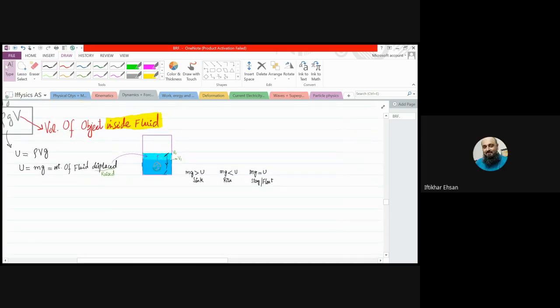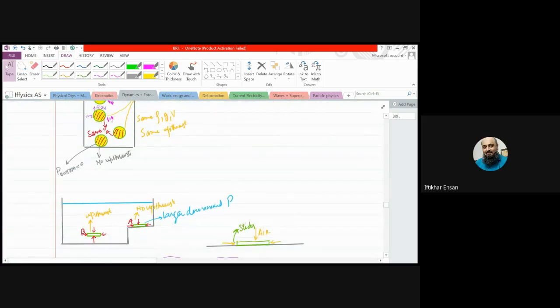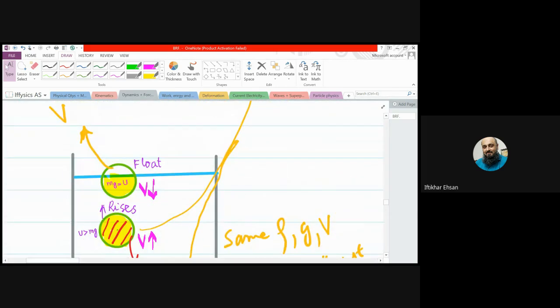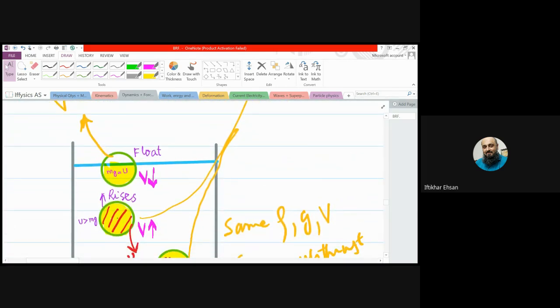Clear? Okay, now for me, if you have these three, I'm going to ask again: why does the same bowl, when dipped deep inside the water, experience larger upthrust? Can you explain it? Sir, because the whole volume is inside the water. It has larger volume inside.